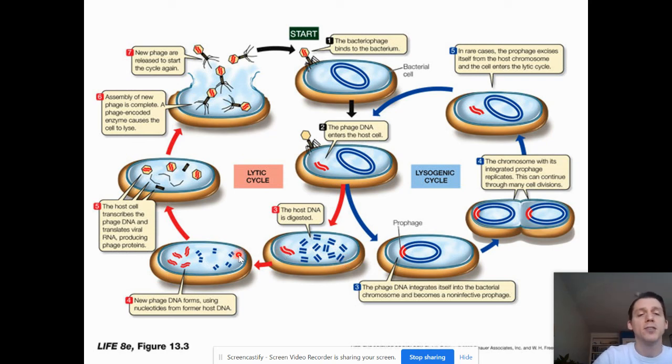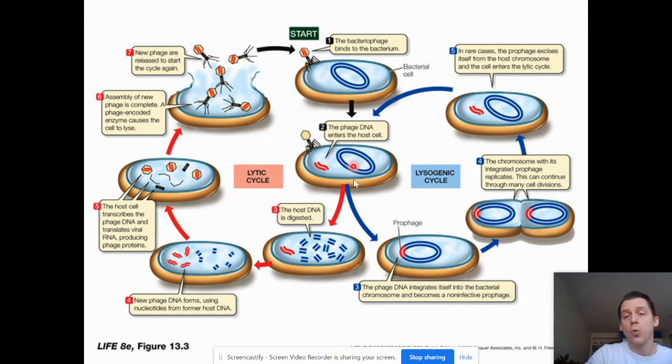Then this DNA is going to be expressed, and the capsids are going to be produced. So we're basically using the host cell's own machinery to make more proteins that can be assembled into more viruses, and those viruses are going to explode out of the host cell. The host cell's been killed, and now they can infect other cells. So the whole thing starts again.